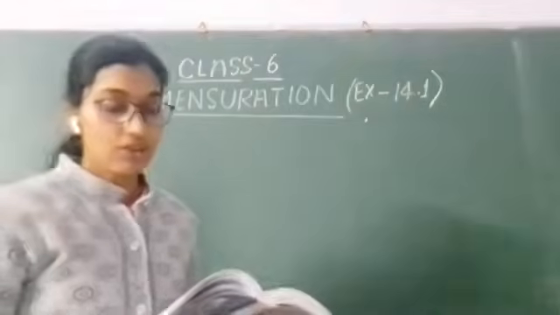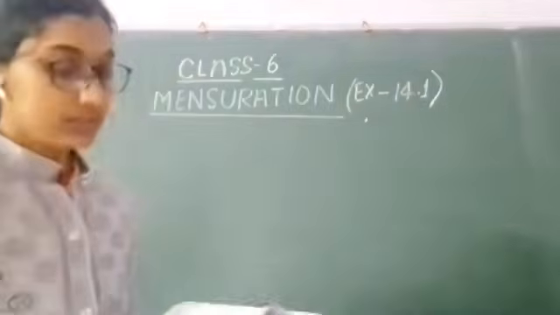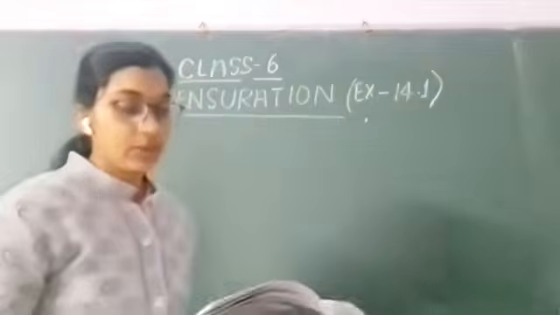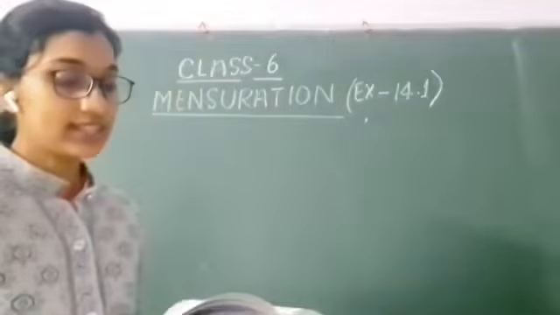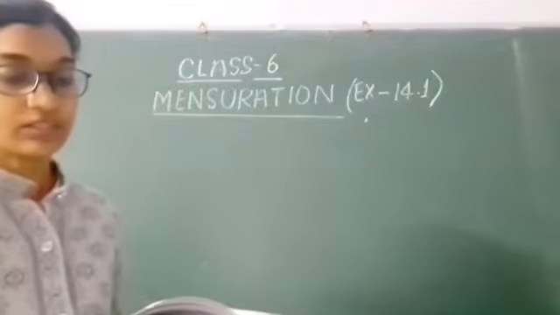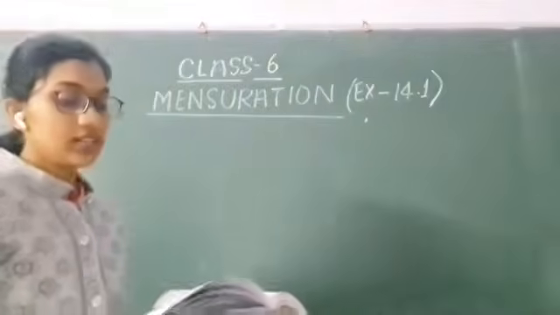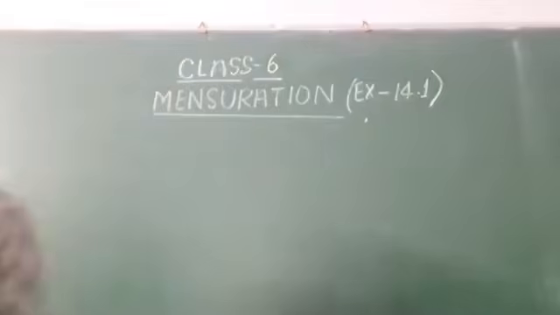The lengths of two sides of a triangle are 12 centimeter and 14 centimeter. The perimeter of the triangle is 36 centimeter. What is the length of its third side? Two sides are given and we have to find the third side. Perimeter is also given.